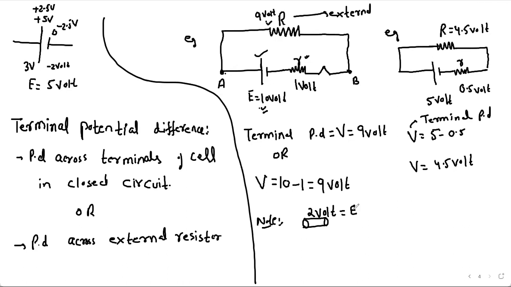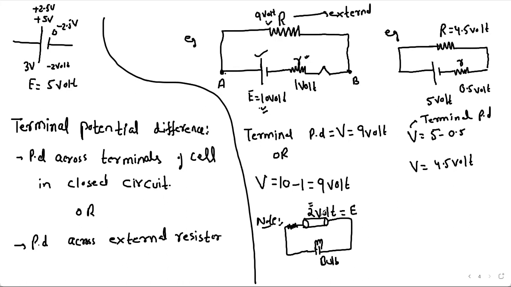A cell will always have an internal resistance. So if I connect this cell to a bulb, then this cell cannot provide 2 volt to this bulb, because some part of its voltage will drop across its internal resistance.